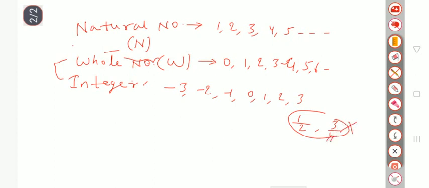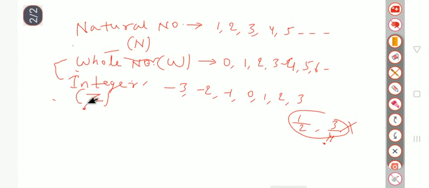So -3, -2, -5, 0, 1, 2, 3, 4, these are all integers. Integer is generally denoted by capital Z. Natural number is denoted by capital N, whole number by capital W, and integer by Z. These are all the basic things you all know.